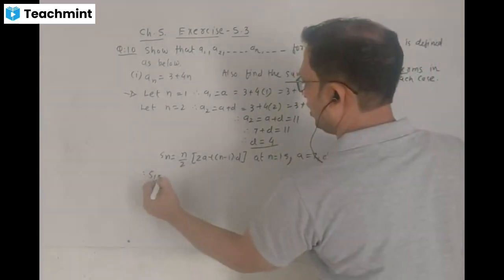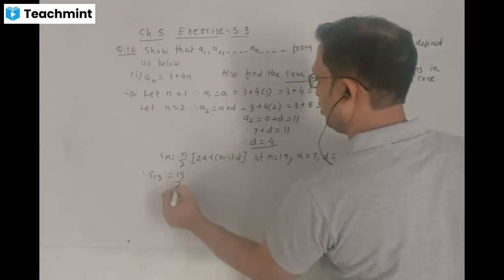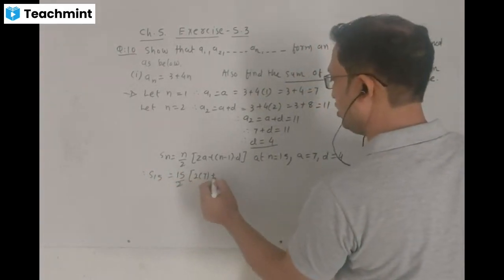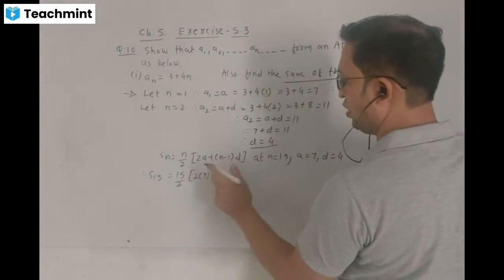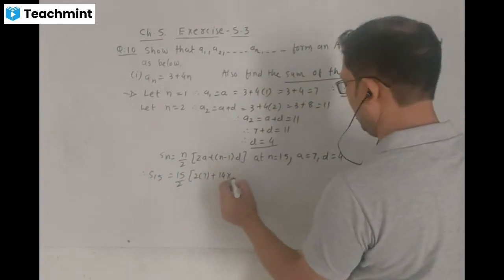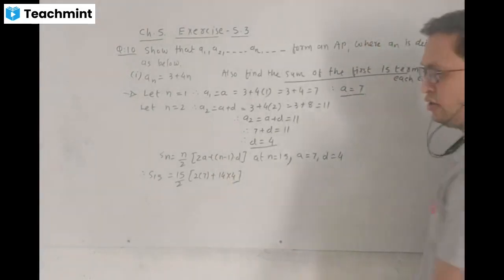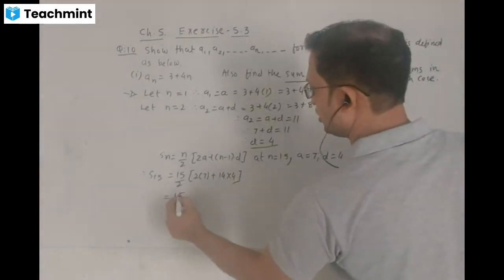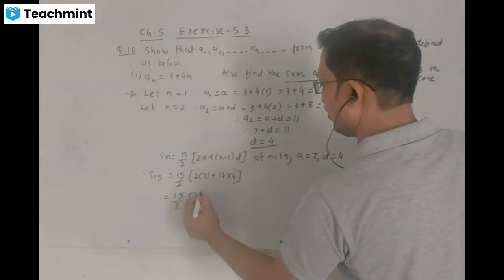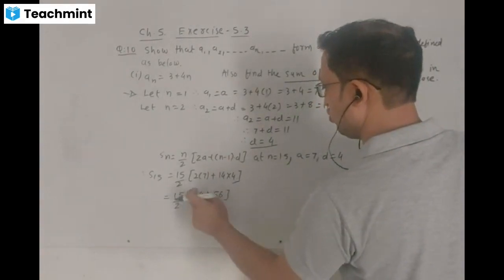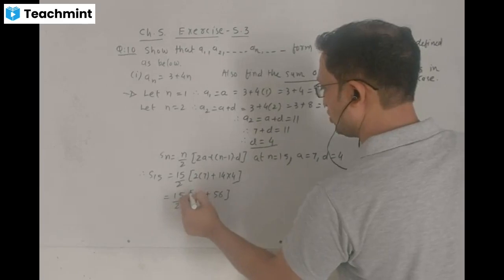Therefore, S15 is equal to 15 by 2 times (2 into a, 2 into 7, plus n minus 1, that is 15 minus 1, 14, and d is equal to 4). That is equal to 15 by 2 as it is, 7 2s are 14, plus 14 4s are 56.